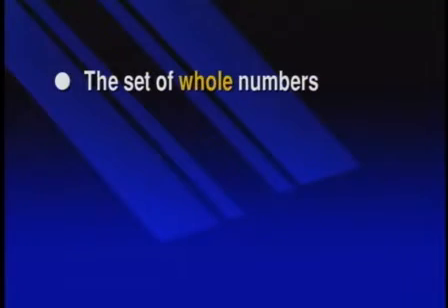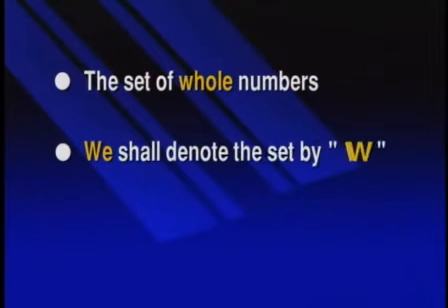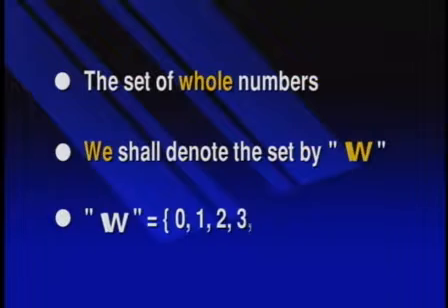The set of whole numbers, we shall denote it as the set W, and W equals the set of 0, 1, 2, 3, 4, all the way out to plus infinity. Notice that N, the naturals, is a subset of W, and we write that N subset of W. It looks like a new symbol.